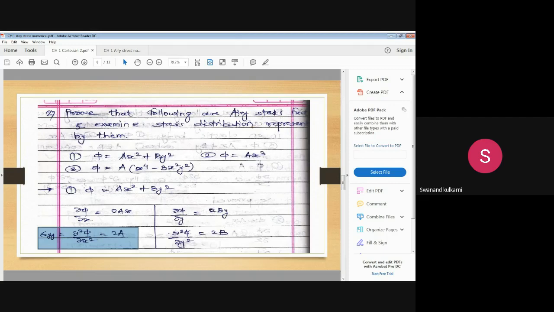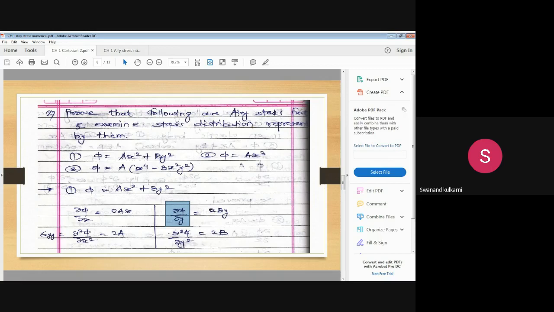Then let us differentiate this particular equation with respect to y. We will get dou phi by dou y, differentiating phi with respect to y. The first term will become equal to 0 because with reference to y, x is a constant. We are taking partial derivatives, so x square will be regarded as a constant, and the differentiation of a constant will become 0. And then for b y square, it will become 2by.